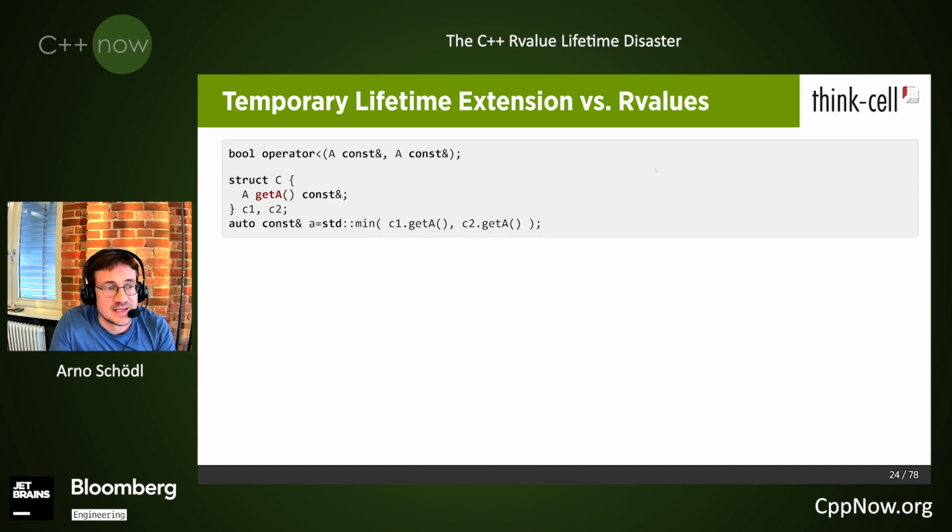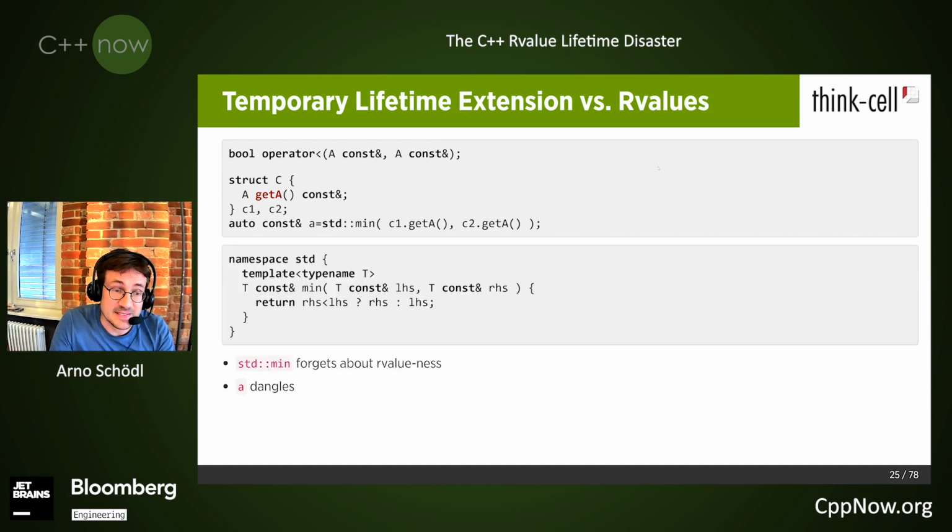So let's say we have, again, two instances of the structure C. You call getA on both, and you want to calculate the minimum of these two A's and store that, right? Does that work? And remember, the getA returns by value. Now, as you probably suspect, that doesn't work. The min takes its parameters by const reference, and it returns them by const reference.